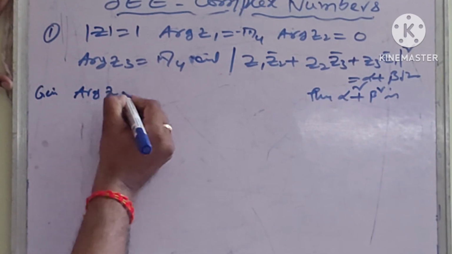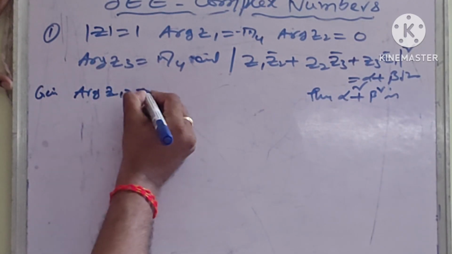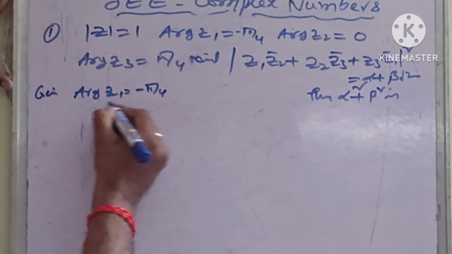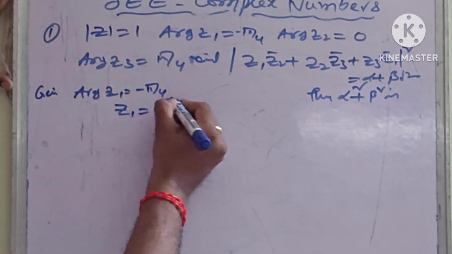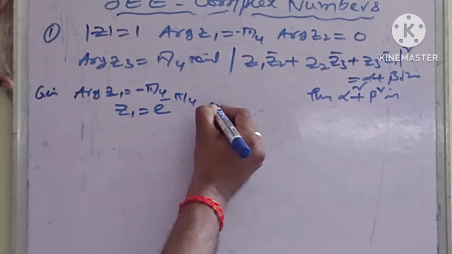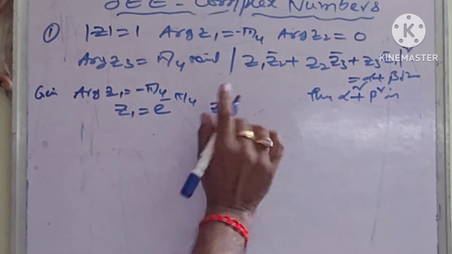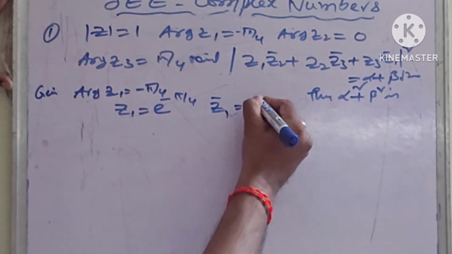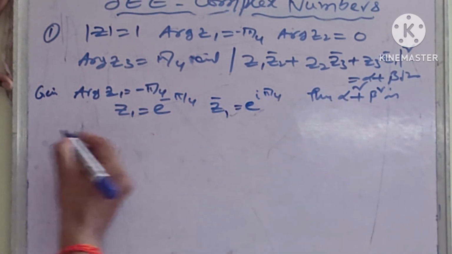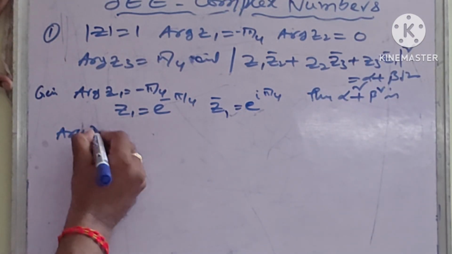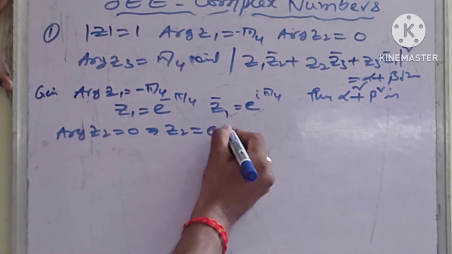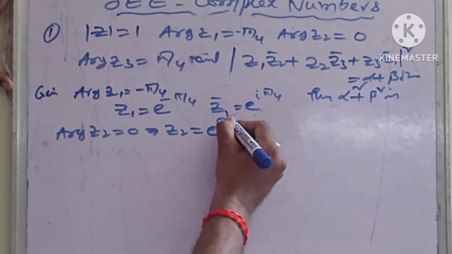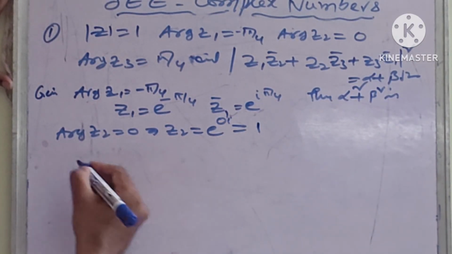Arg Z1 is equal to minus pi by 4. So here Z1 is equal to e power i minus pi by 4. Z1 bar is equal to e power i pi by 4. Next, arg Z2 is equal to 0. Now Z2 is equal to e power 0 i 0, that is equal to 1.